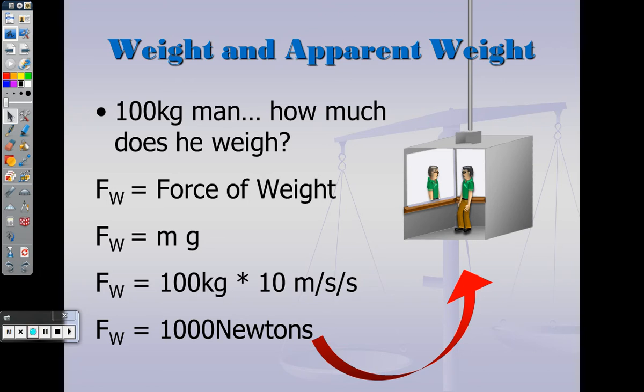Now, it should be pointed out that he weighs 1,000 newtons standing in an elevator that is not moving. If the elevator moves, then we're going to have a different weight.